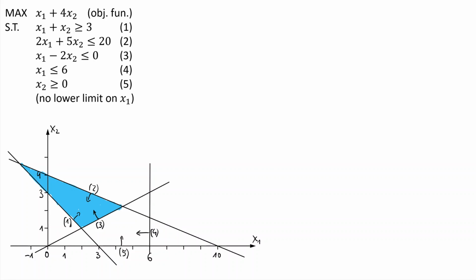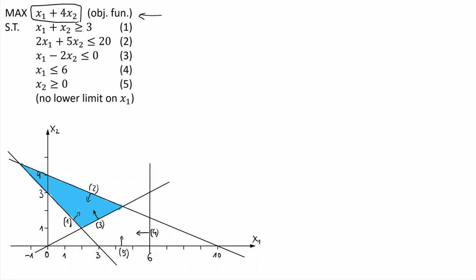Okay, now the question is, what is the optimal solution? These are feasible points. We need to consider the objective. The objective is here. We maximize x1 plus 4x2, so we can again plot the line of the objective. We can see we have actually 3 corner points which we could determine.